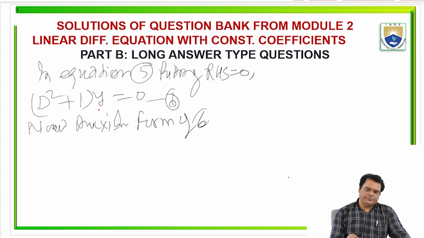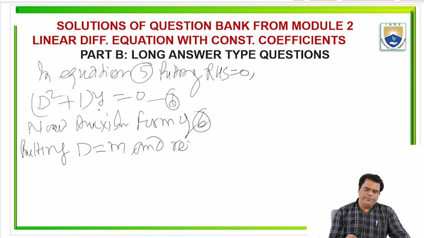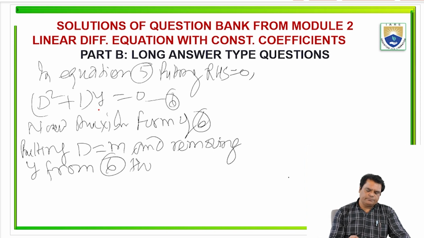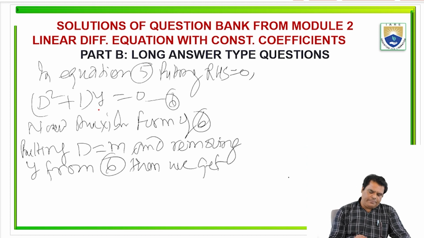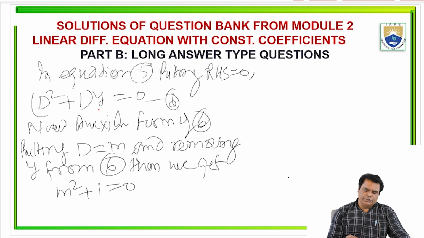Now the auxiliary form of 6: putting D equal to m and removing y from 6, we get m square plus 1 equal to 0. This is equation 7.